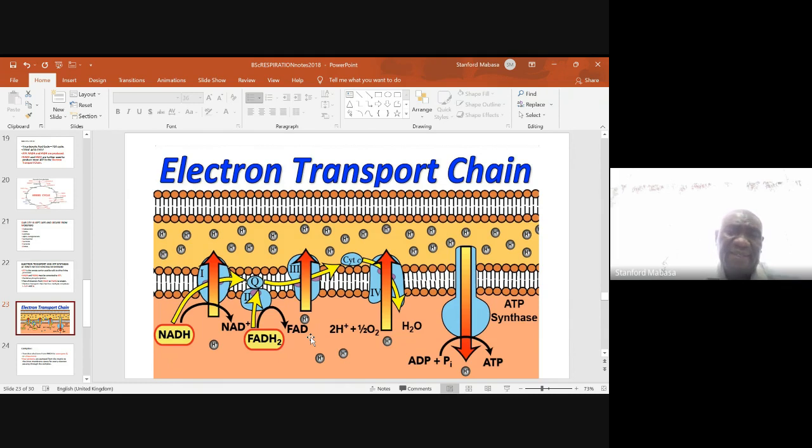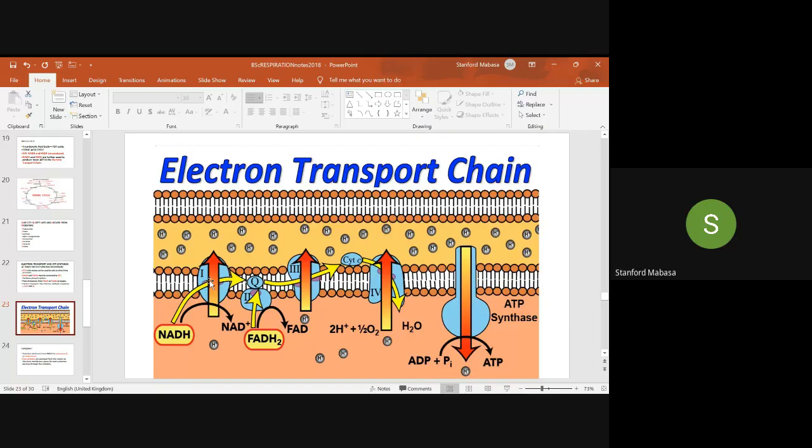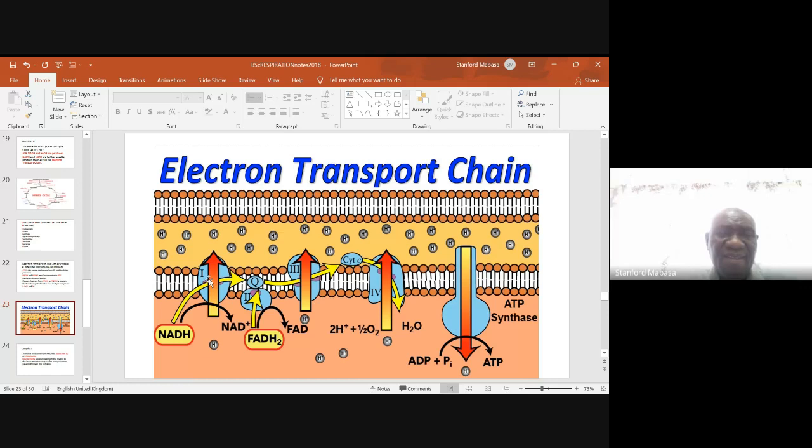Quinone is a protein carrier that passes electrons from NADH and from FADH2 to complex 3.